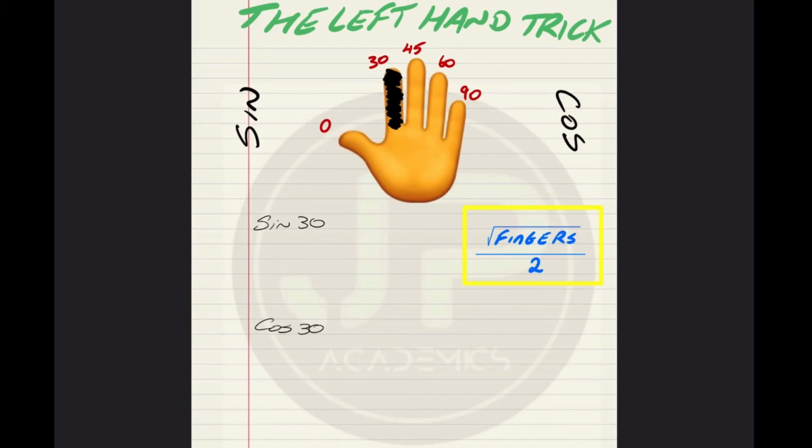So using my formula here on the right hand side, we can say that it's the square root of 1 over 2, which is the same as a half, which is what we worked out from earlier. On the cos side, we have 3 fingers left over. So using this same formula, we're going to say cos 30 is root 3 over 2, which is what we worked out above. And this technique works for every angle that we have here.